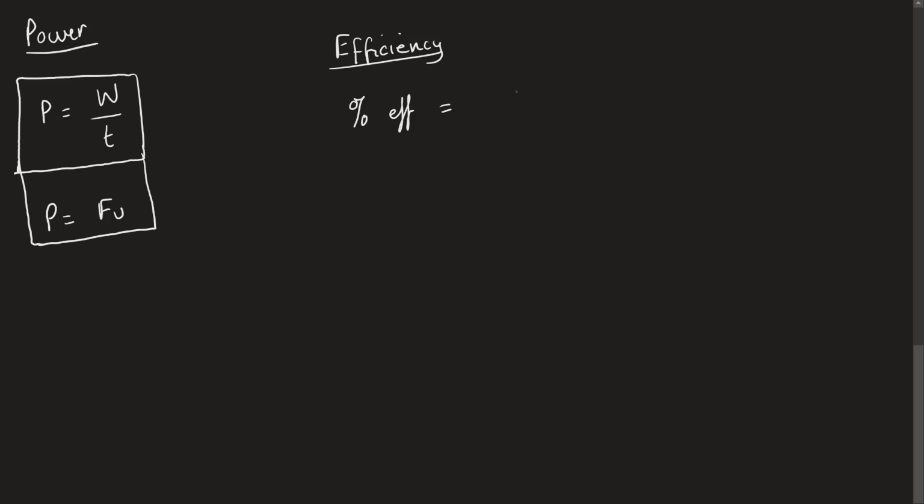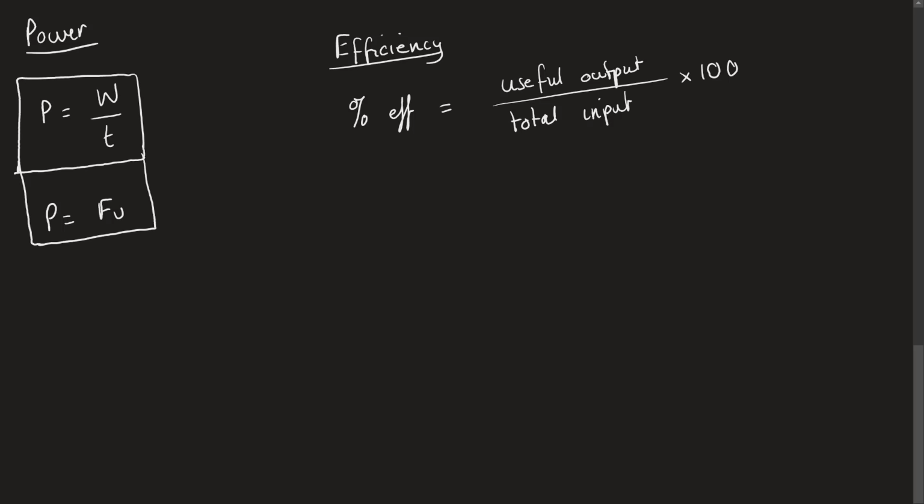The percentage efficiency is the useful output, divided by the total input. Okay, and then to make it a percentage we times by 100.